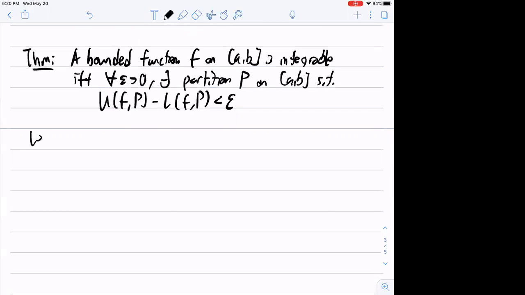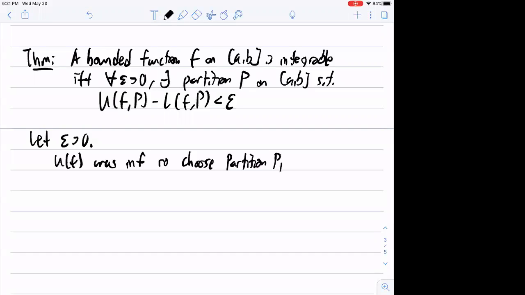So again, U of f was an infimum, because it's pretty important, this property, and this refinement property. So choose a partition P1 such that U of f, P1 is less than epsilon over 2 away from U of f.